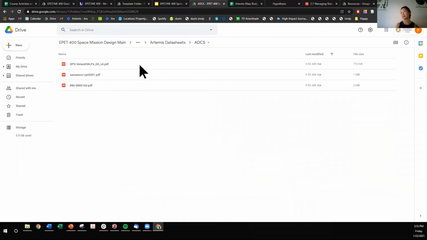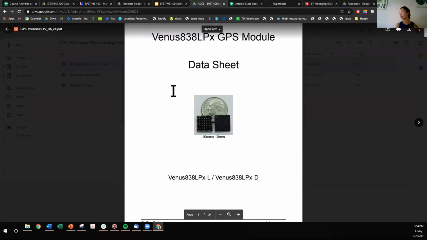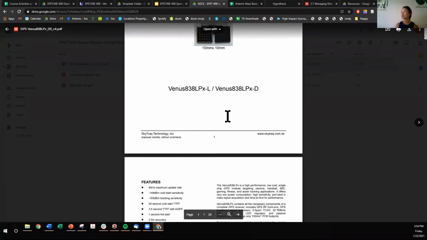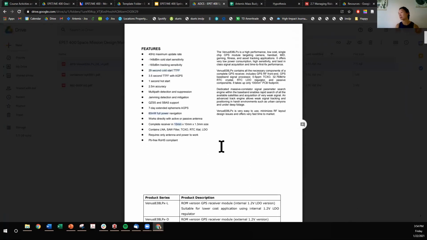But say you want to look up the GPS, then what you should see is the data sheet for that particular chip with the different features like sample rate, the amount of time necessary for the sensor to cold start, the power draw, the size of the chip, and so on and so forth.